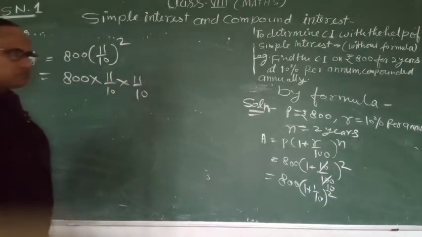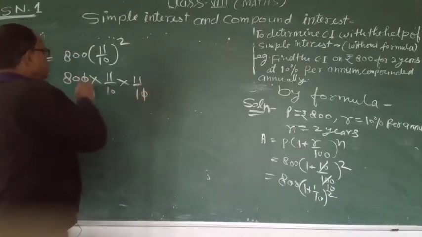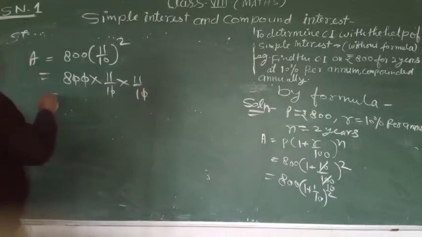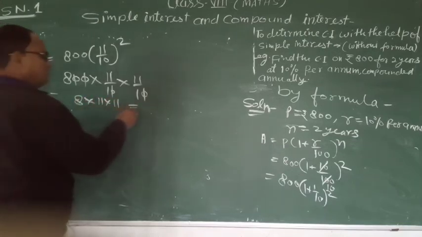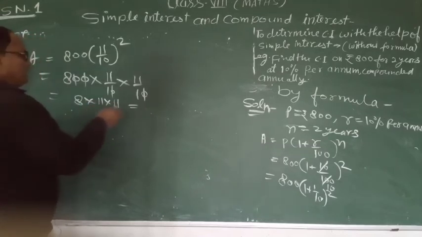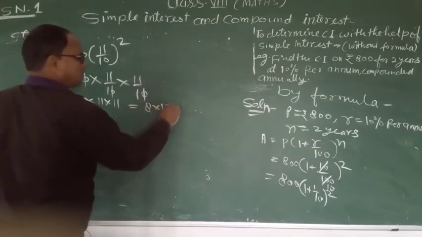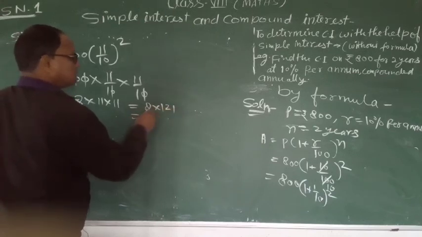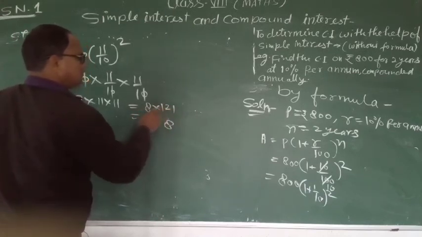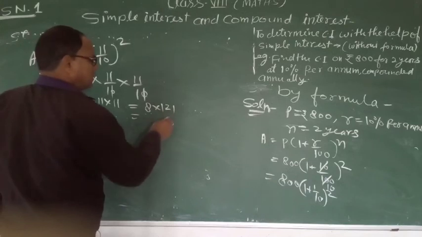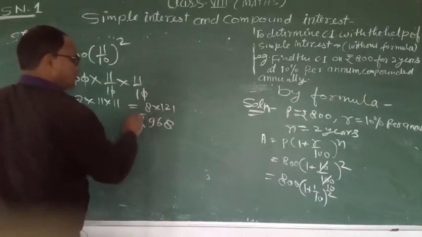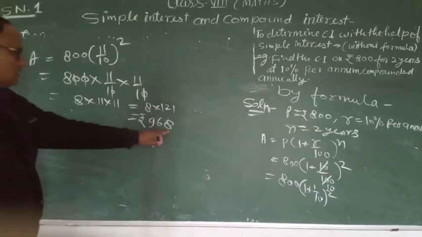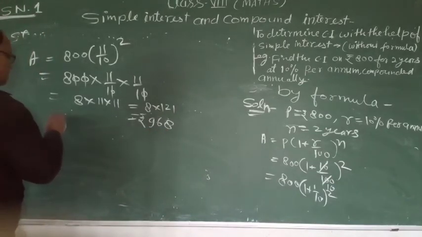We write here 800 into 11 by 10 into 11 by 10. Okay, students? Here 0 cancel 0 and 0 cancel 0. We get here 8 into 11 into 11. Here 11 multiply 11 we get 121. And multiply this, 8 multiply 121 we get 968 is the amount.